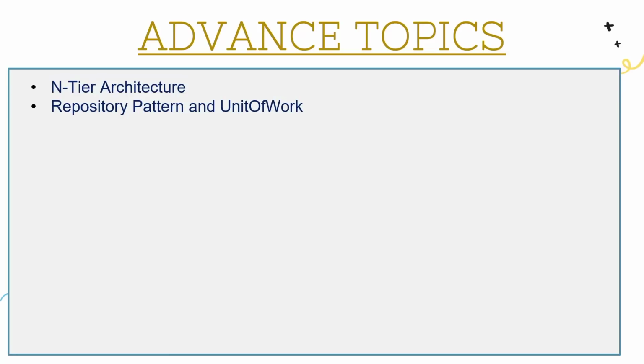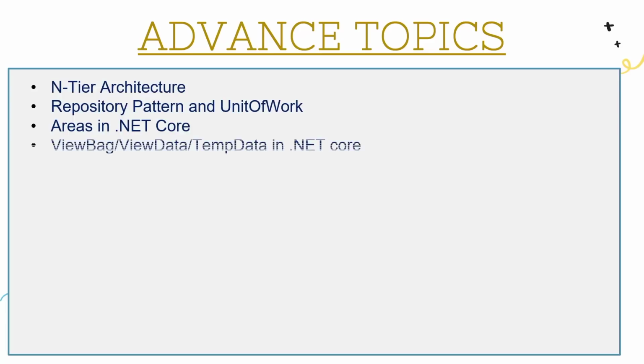So we will see dependency injection and how to inject that using a repository pattern. Then we will further split our project inside areas in .NET Core, which is a folder-like structure, but everything gets much more organized. We have seen TempData, but we will see ViewBag and ViewData with .NET Core and see how all of them are different.